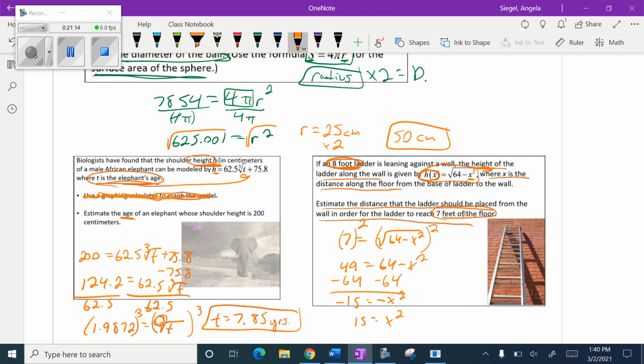So it's going to look like that. Then I'm going to take the square root of both sides. The square root of 15 is about 3.87. So that's how far the base, if this is the wall and this is the ground, that is the length right here of how far it needs to be from the wall. So 3.87 feet. And that is it.